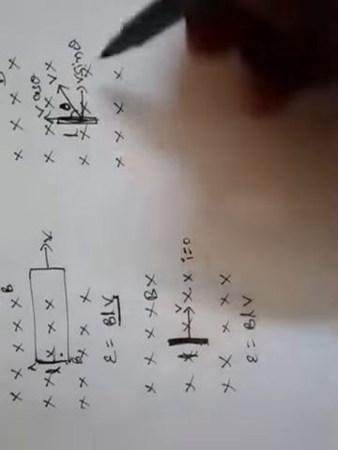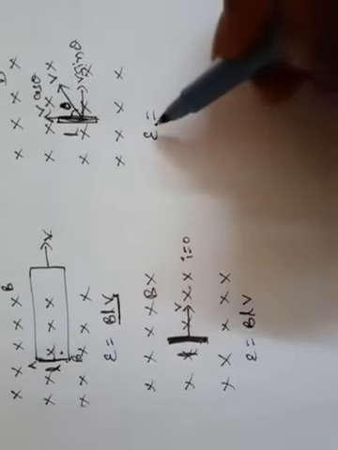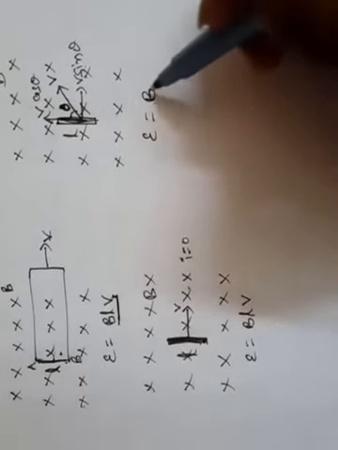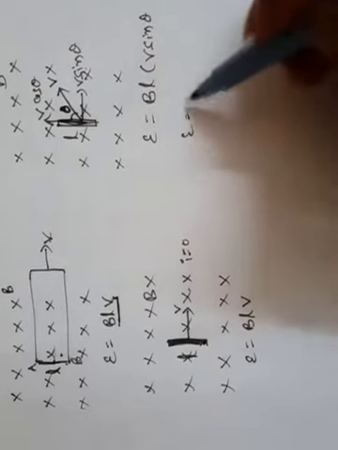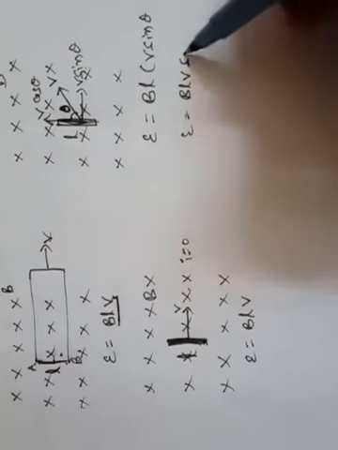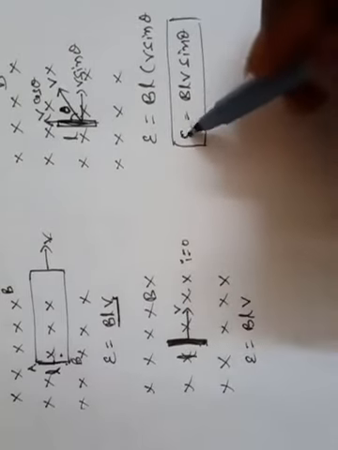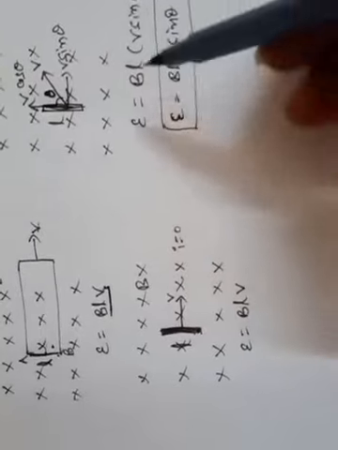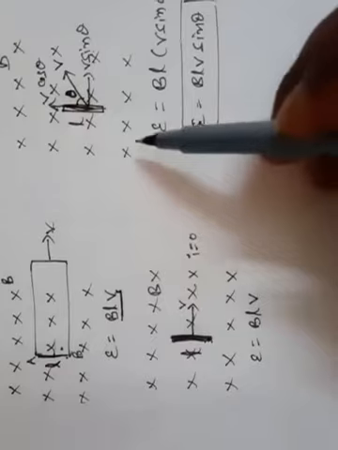So instead of V we will take V sin theta. Here also induced EMF is produced, and we can write it as B L into V sin theta. So in this case BLV sin theta. This is the expression when the velocity makes a certain angle with the length of the conductor.